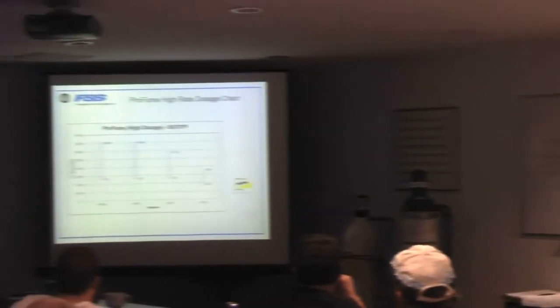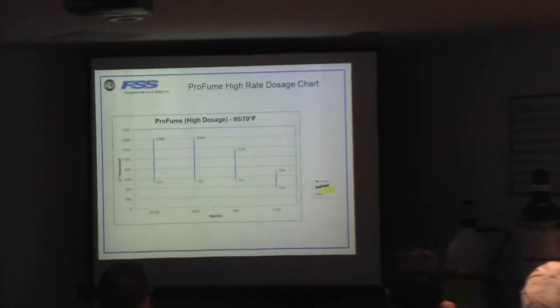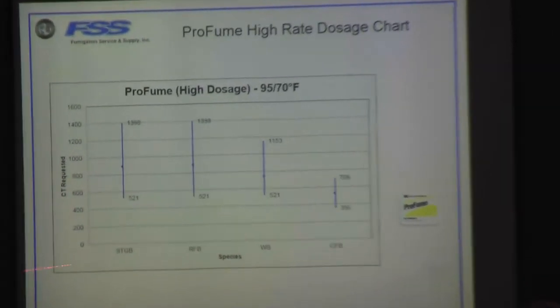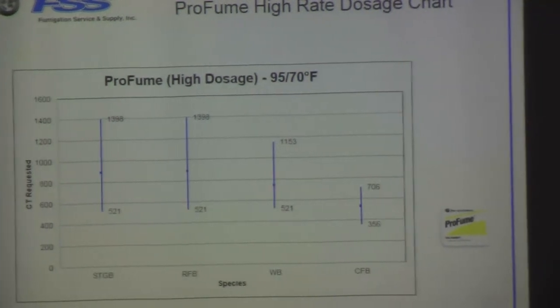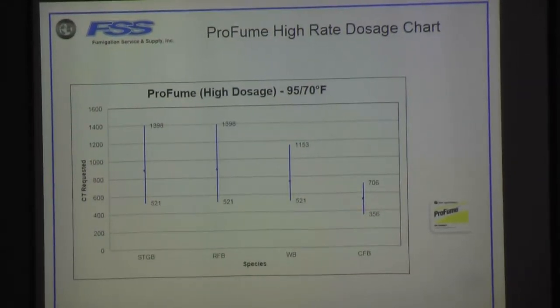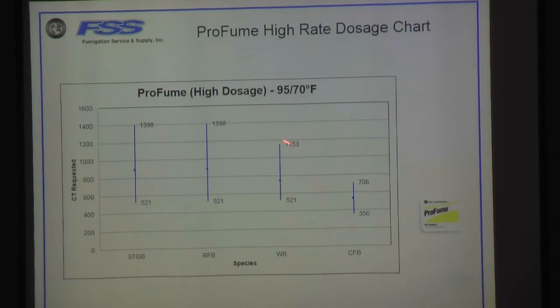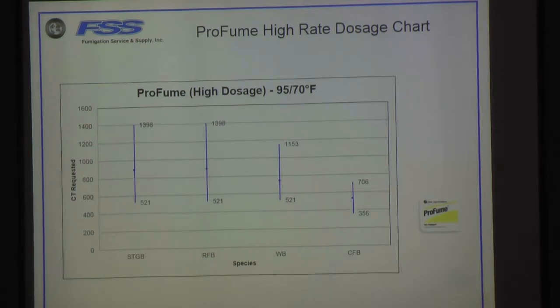And just to reiterate why the monitoring is so important, you've got to have good calibrated equipment as well. If you've got a difference on the warehouse beetle from a low range to high range of 600-some ounce-hours, that's a lot of parts per million accumulation. If you're not monitoring the gas concentrations and the temperature, especially on an SF job, or any job for that matter, but especially with SF, you're destined to have a failure.